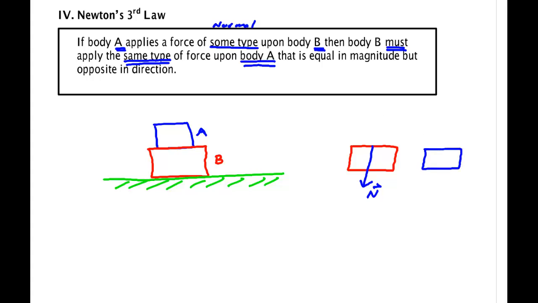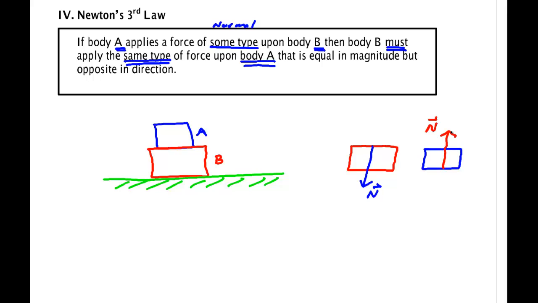And now there's going to be an arrow that's going to be due to body B, and it's going to be a red arrow here, if you would. And it's got to be the same type. It has to be equal in magnitude. What does that mean? That means it has to have the same label. It has to have the same length. It's going to apply a normal force. Got to have an N. But it's going to point in the opposite direction.